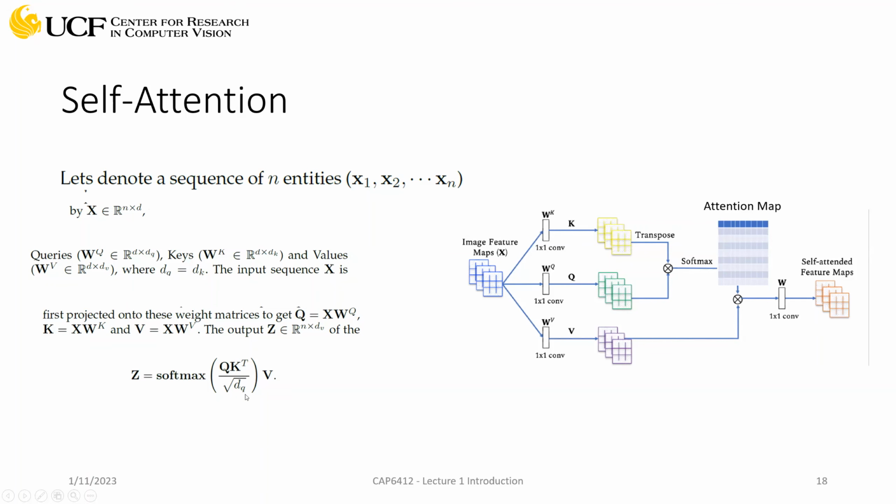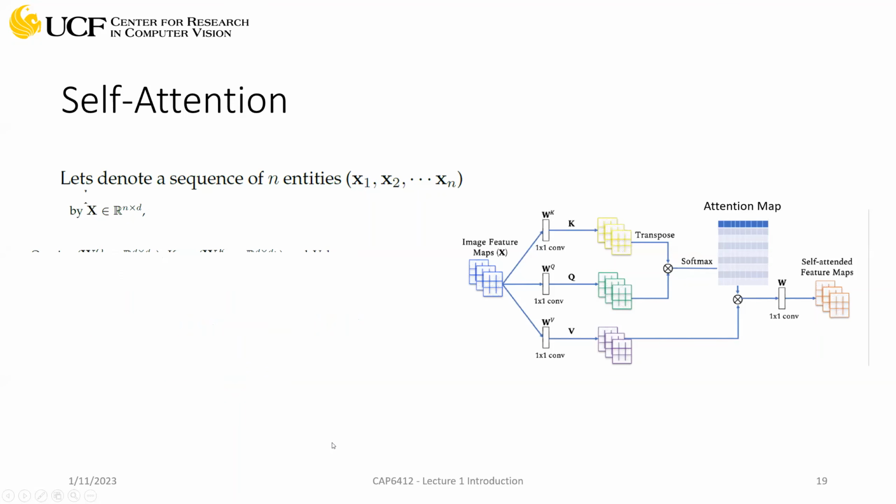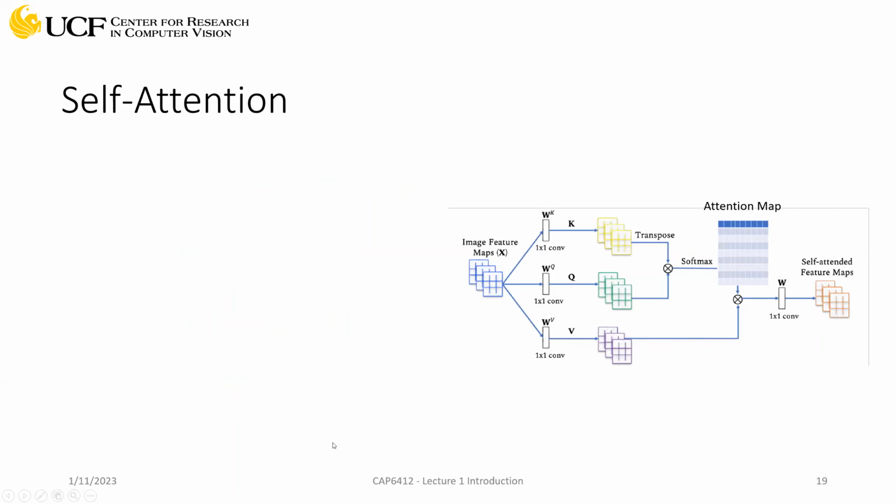Then multiply with V and we get Z. So X goes in and Z comes out. It's the same thing we discussed, in terms of matrices. That's the initial picture.